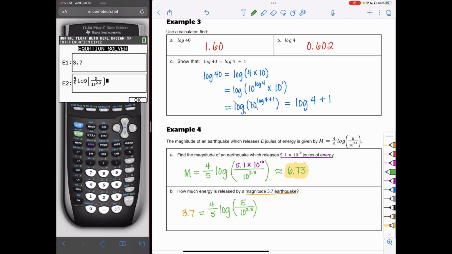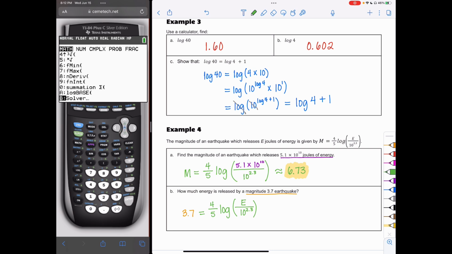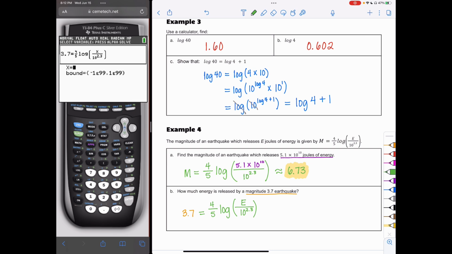So I put the left side in E1 and the right side in E2. And remember, I got to this equation solver by pressing math, and then I went all the way to the end for solver. You can solve pretty much any equation here. So when you do that, you're going to press graph for OK. And then in order to solve for the X value, where it's hovering over it, you already know it's not solved, because if it was solved for, there would be a little box to the left of the X, just like when we use the TVM solver to find values.